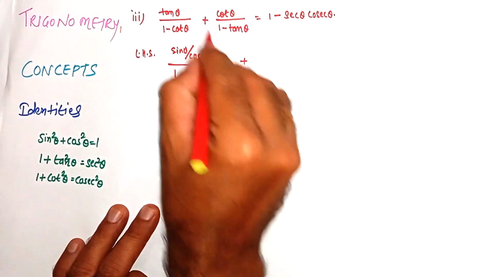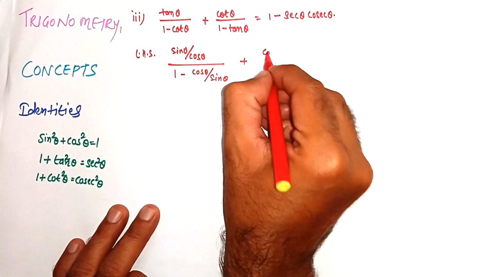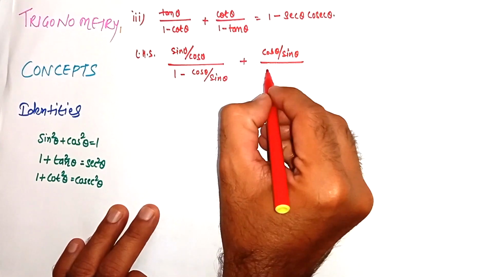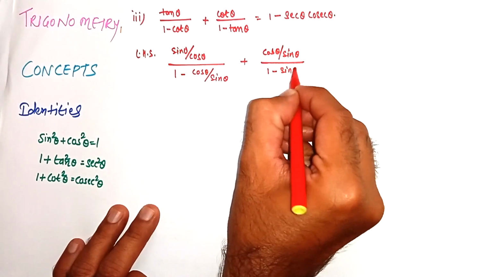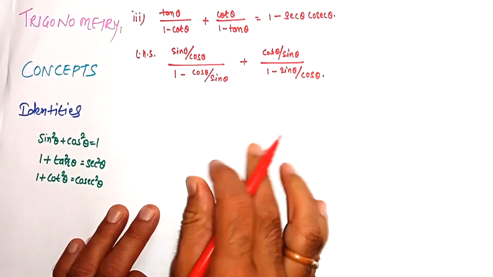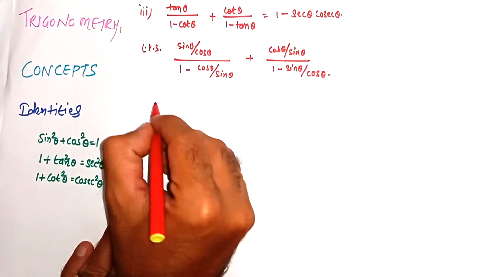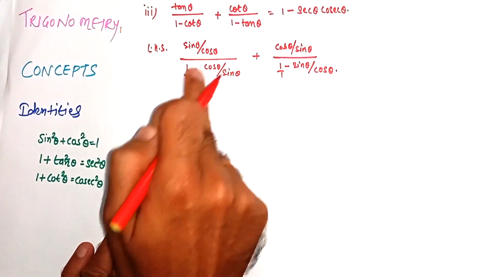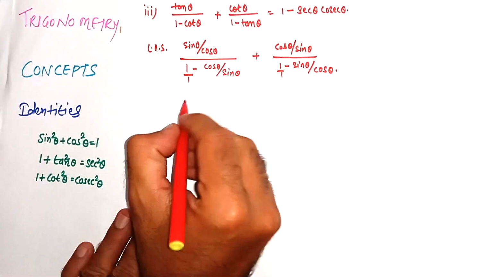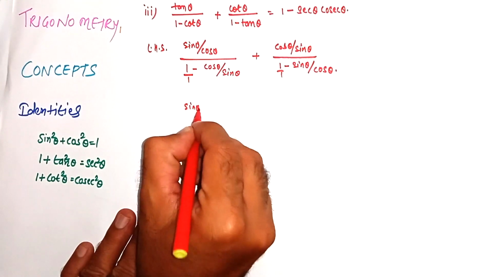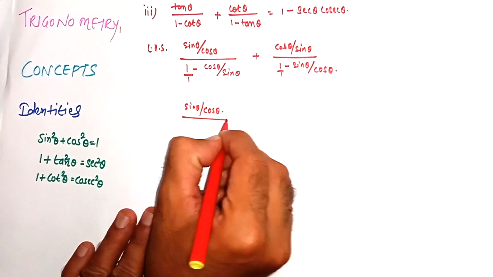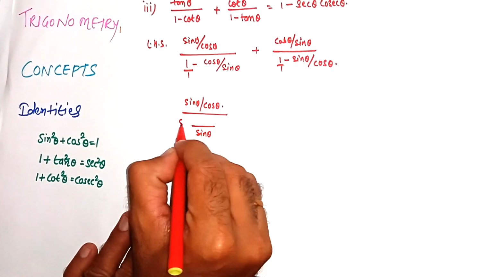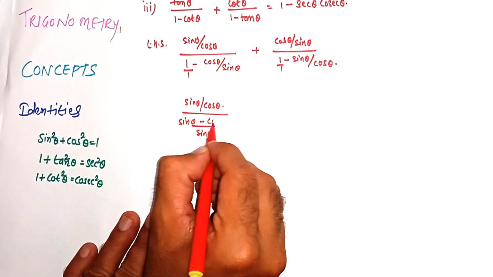Then again this addition sign, cot theta. Again we can write cos theta over sine theta, and 1 minus tan theta, which is 1 minus sine theta over cos theta. Now, let's do it in the simple way, putting 1 here, putting 1 here, so we can take the LCM in the denominator. Writing again sin theta over cos theta in the above part. Now taking the LCM in the lower part, this will become sin theta minus cos theta.